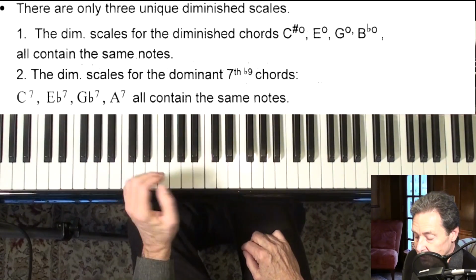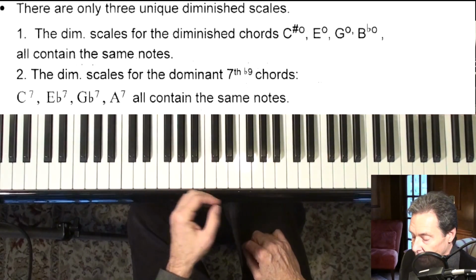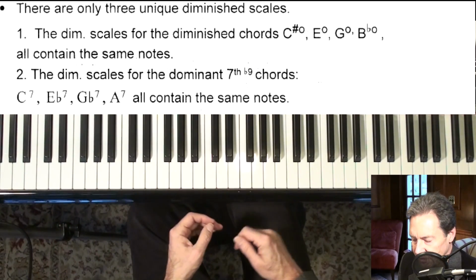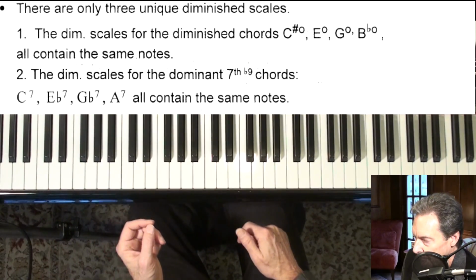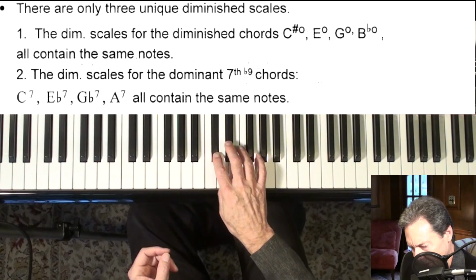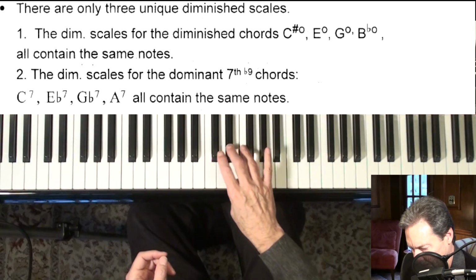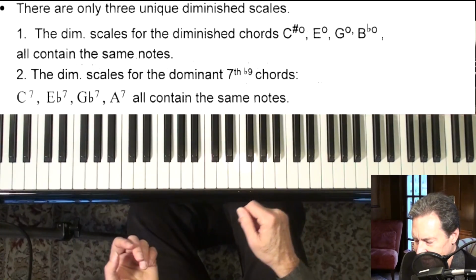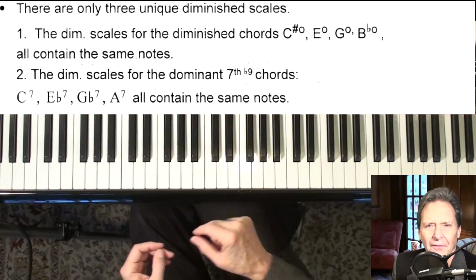So that means a 2, 5, 1 in those 4 different keys, you're going to use the same diminished scale. So the diminished scale I'm going to be focusing on is this one. To me, that's just the easiest one for some reason, because it's different than the other 2.